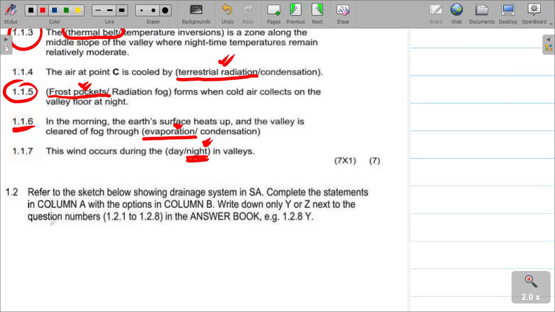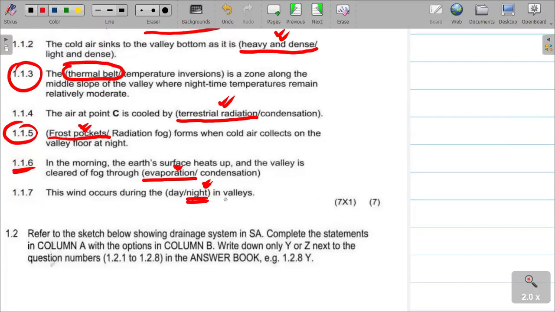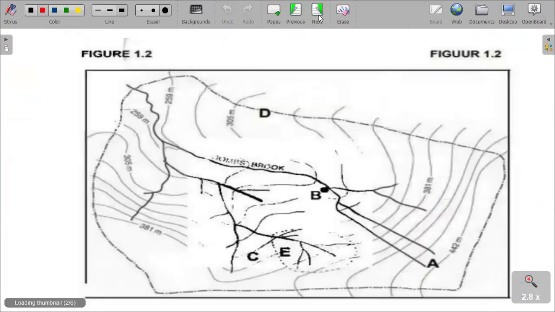And then we refer to drainage systems in South Africa, and we complete statements with the various options that are given. We refer to the drainage system in South Africa, and we answer column A and column B. So now what is given here is a river system.